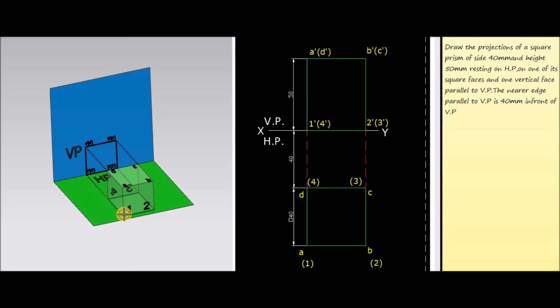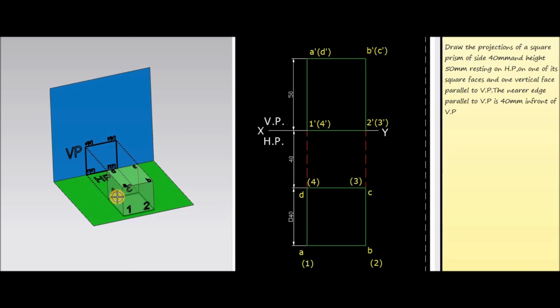So when we are looking from the front side, we will get the front view of these projections on the XY line, that is at the intersection of HP and VP. So it is to be represented here, and as I mentioned earlier, when we are looking from the front side, corners 1 and 2 will be visible. So it is to be represented outside the bracket with the dashes, that means 1 dash and 2 dash.